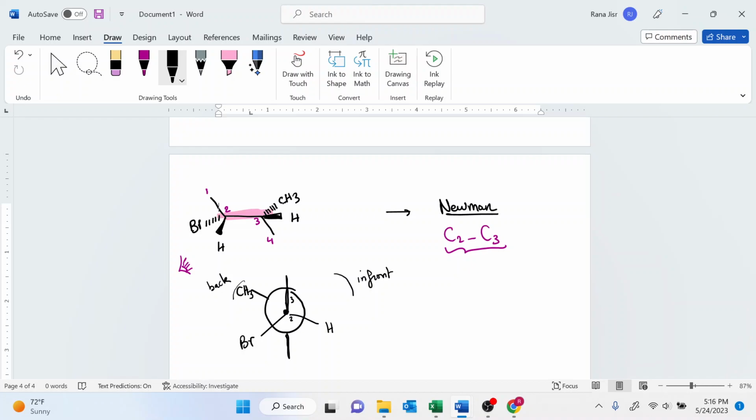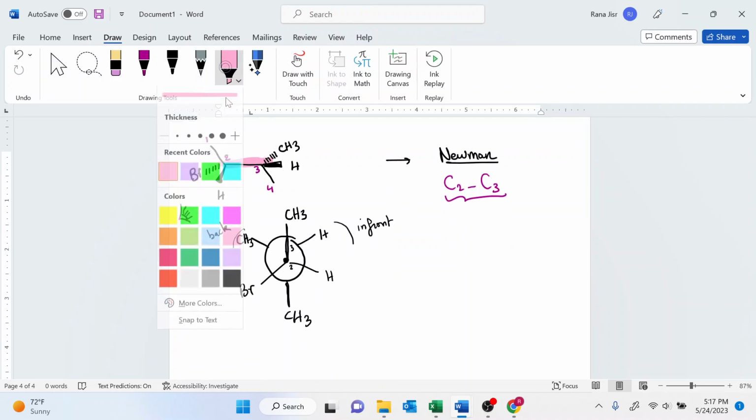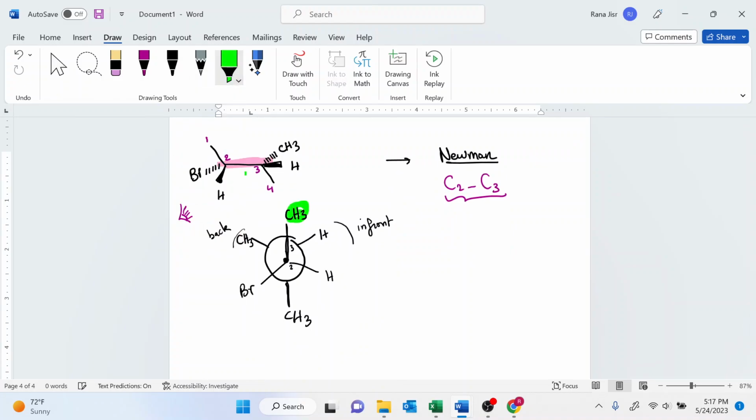So if I ask you what is the dihedral angle between the bromine and the CH3, the dihedral angle is going to be, in this case, 60 degrees. And then I have my hydrogen over here, fill your CH3s, and this is going to be the Newman projection. So you can see that the dihedral angle between both CH3s in there is 180 degrees.